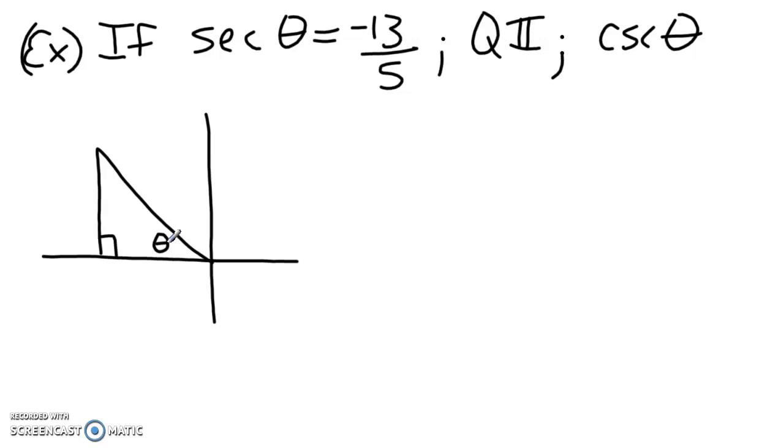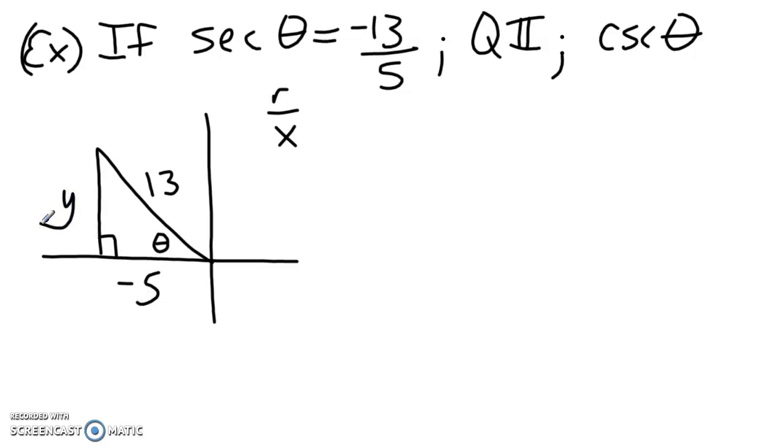Secant, so r over x. Okay, so r has to be 13, correct? Even though there's a negative with it, we know the negative could be put anywhere. So r is a positive 13. The x is going to be the negative part because in this quadrant we go left and then up to find the point.